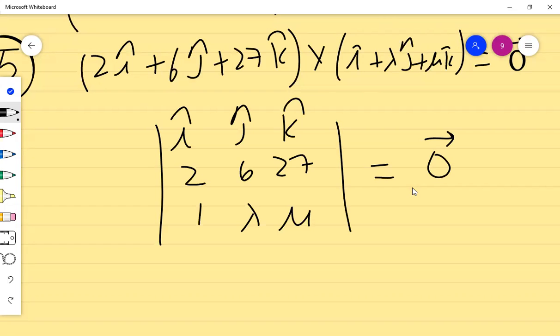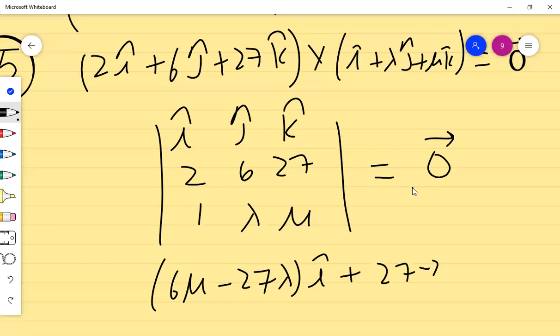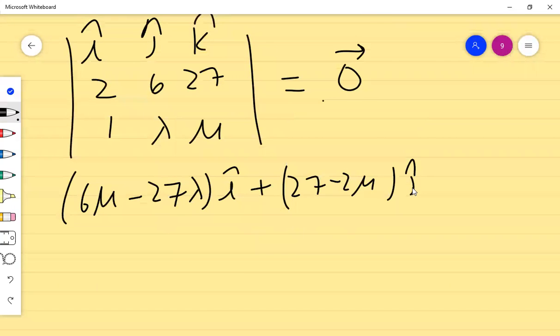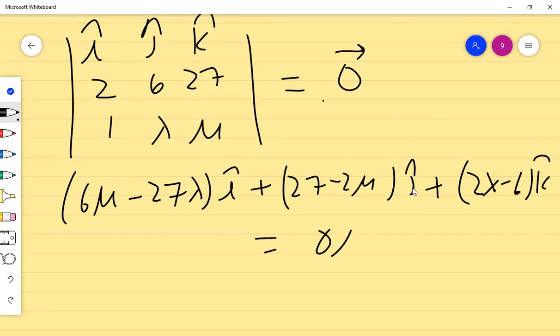So we have 6 mu minus 27 lambda for i cap, and 27 minus 2 mu for j cap, plus 2 lambda minus 6 for k cap, equal to 0 i cap, 0 j cap, plus 0 k cap.